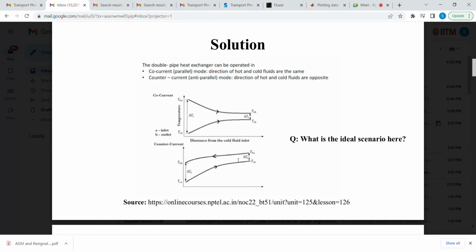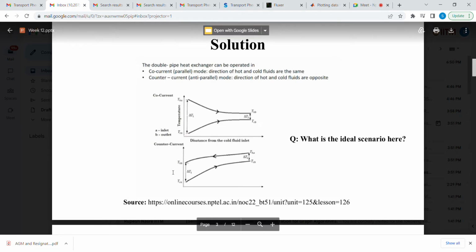This is the temperature at the start of the inlet, the distance from the inlet. So this gets reversed, right? Because it is flowing in the opposite direction. Correct. So if you see now, the hot fluid temperature goes down and the cold fluid temperature goes up. See, the hot flows from this to this and the cold from this to this.